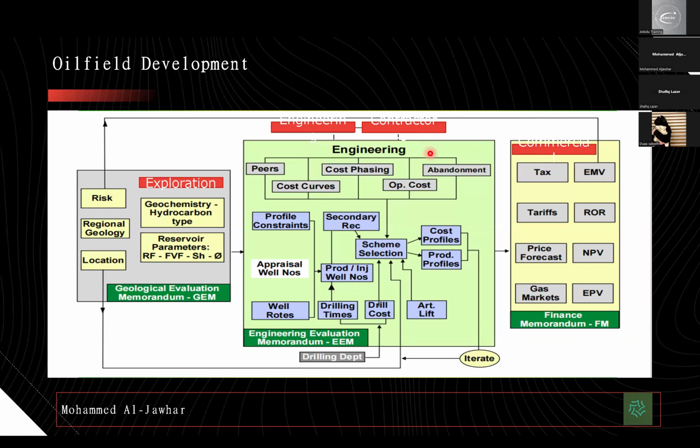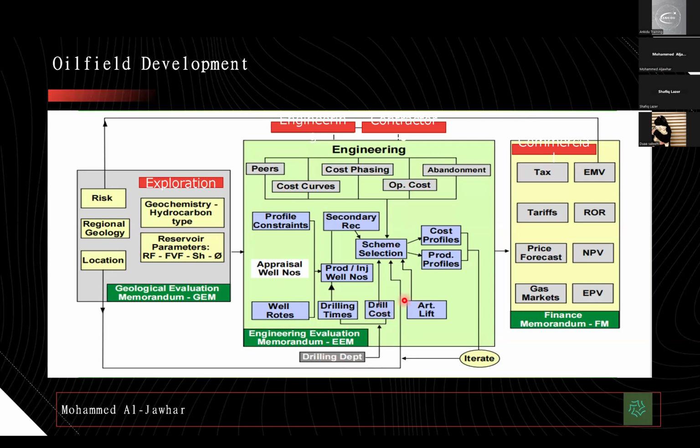So this kind of data and information has to be collected, and how it is connected to each other. For instance, the drilling department will connect to the drilling cost. That's pretty sure.